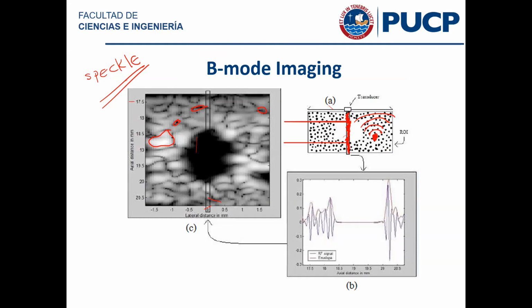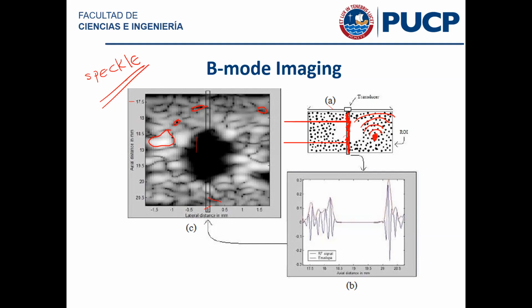Teacher, is there a chance that the speckles are caused by blood flow or any other liquid flow? They could also. Do blood clots produce reflections of sound? Yes, they do. But again, right now we're talking about reflections from structures that happen at a micrometer level, which is the other defining behavior of speckle.